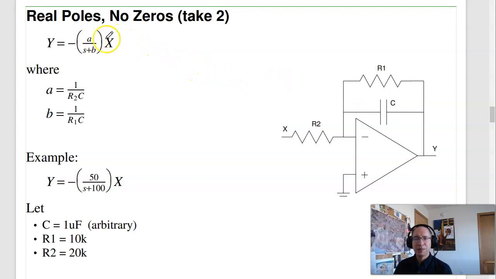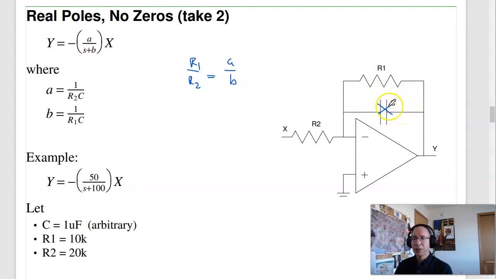So I know the filter's in this form. If I take the limit as S goes to 0, I have a gain of A over B. As S goes to 0, the capacitor doesn't exist, and R1 over R2 is the gain. That's A over B. I've got a pole right here at DC. At DC this is a resistor. At high frequencies, it's a capacitor.